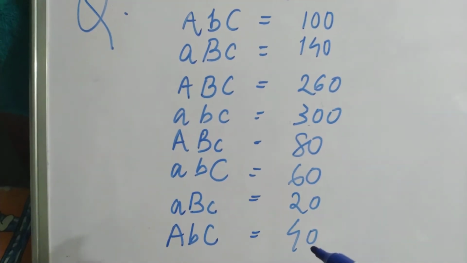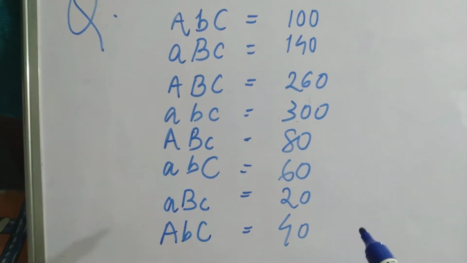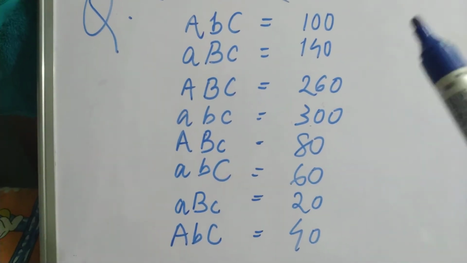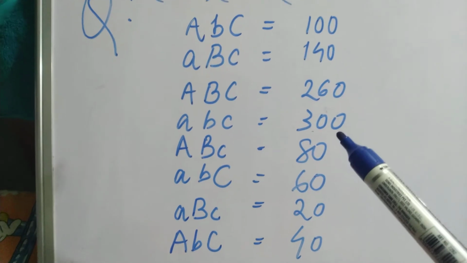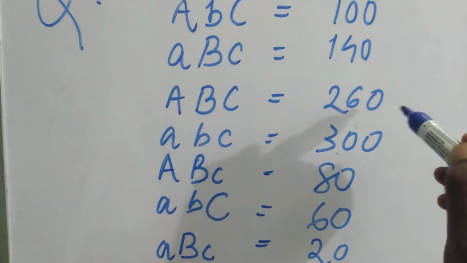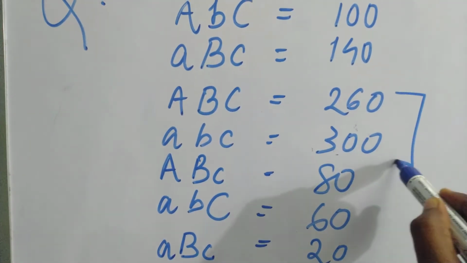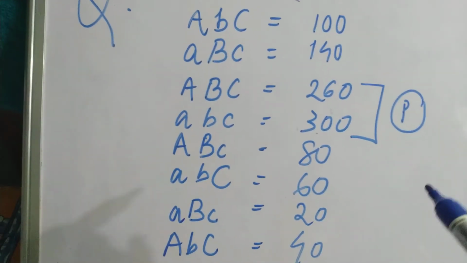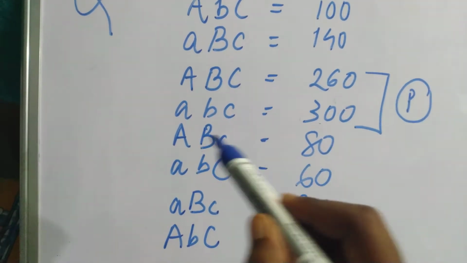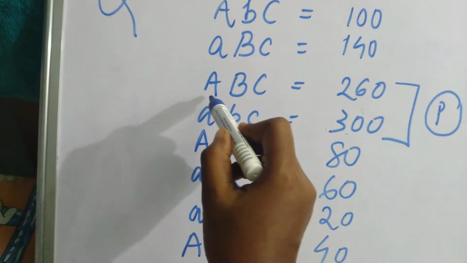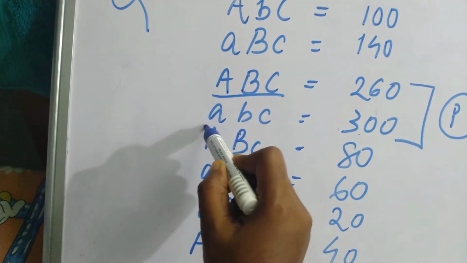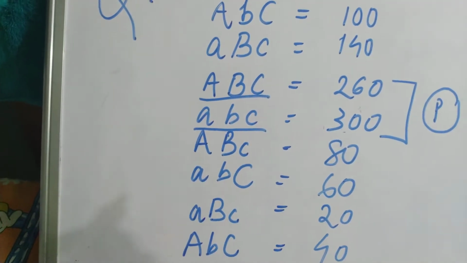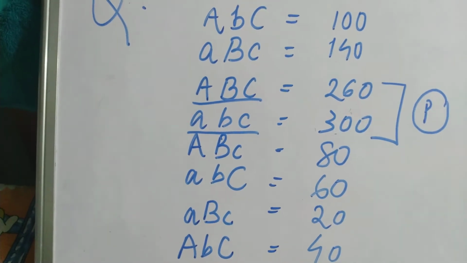When you find such questions, just target the highest numbers you can see, here 260 and 230. Name them as parents. The highest numbers are the parents. So the parent sequences are capital ABC and small abc. These are the parent sequences.